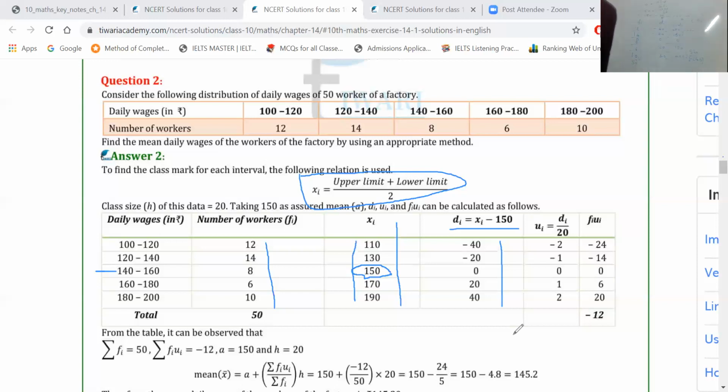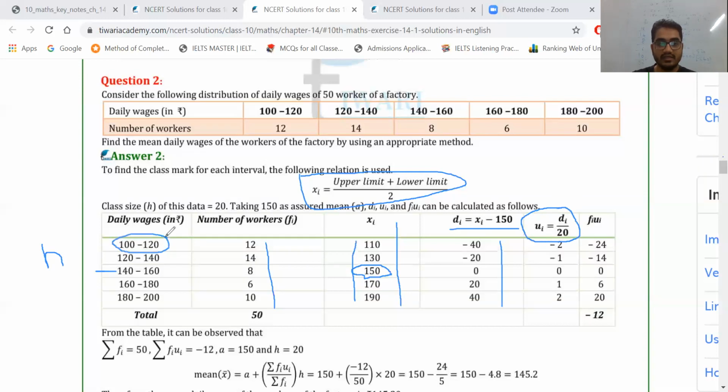After getting that, you will get your answer. This is the second method, how you can find the answer, the step assumed method to find the mean. And now the third method, as we can see in this table itself, that is the step deviation. From fi, they have found the ui. As I said, ui is equal to di upon h. So what is h? As you want to find the value of h, h is equal to the size of class interval.